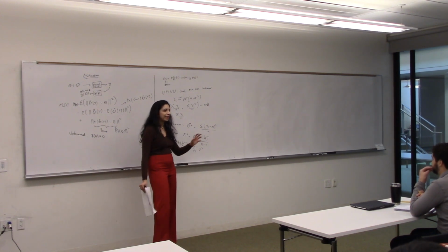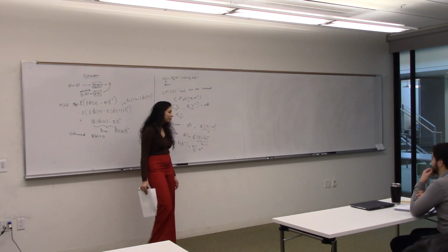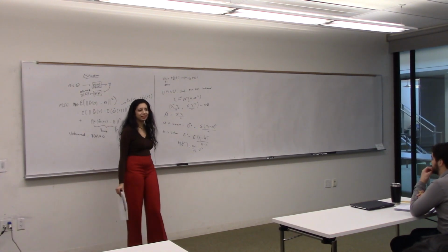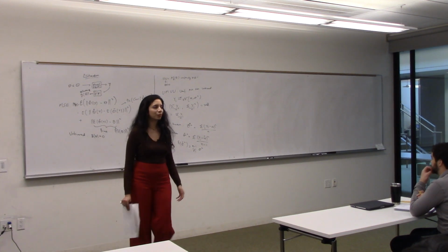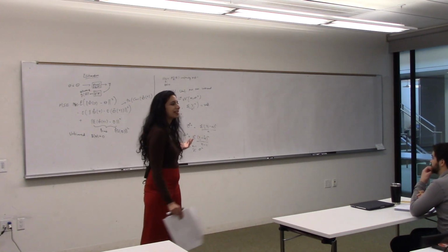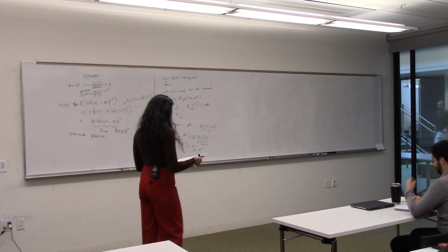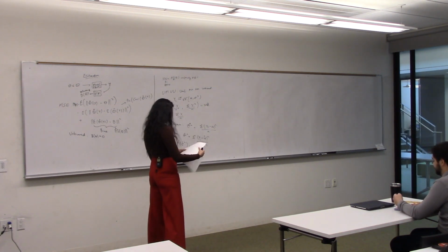If you make any kind of transformation of your parameter, unbiasedness is not guaranteed, because only under linearity is expectation preserved. Under non-linearity, we don't know. So that's why it's non-trivial to get unbiased estimators. Okay, so that's an example to demonstrate that.